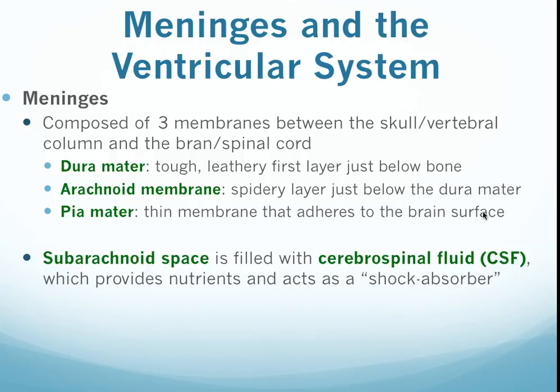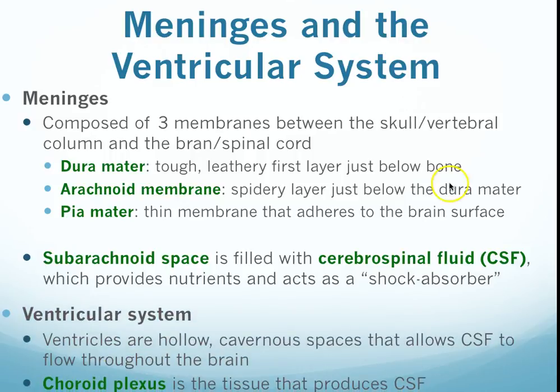Because that would cause bruising on your brain and you can have some injured brain tissue. So this subarachnoid space is really important because it's filled with cerebrospinal fluid, which in addition to providing nutrition for the brain, also acts as a shock absorber. So your brain essentially is sitting inside of a fluid-filled sac in a way, and that's going to help you out a lot if you get some kind of injury.